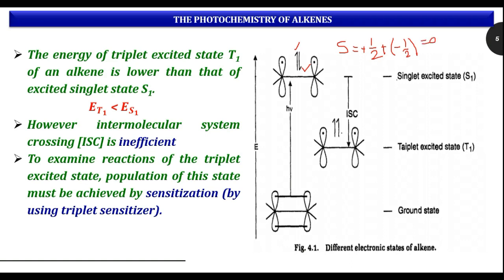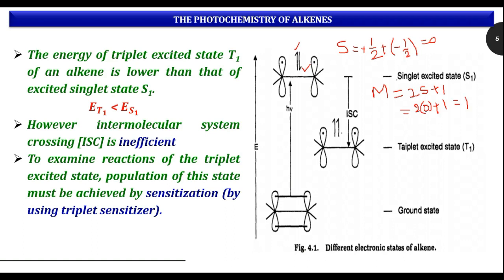The spin multiplicity formula is 2s plus 1. So 2 into the total spin, which is 0, plus 1 is equal to 1.